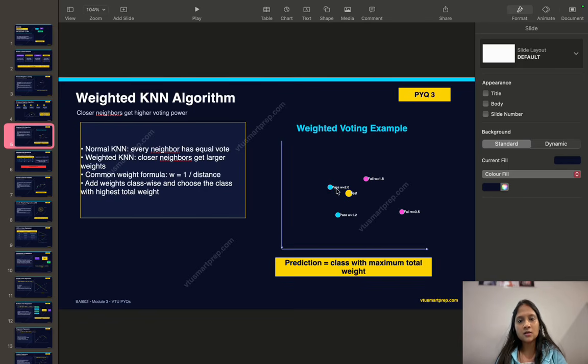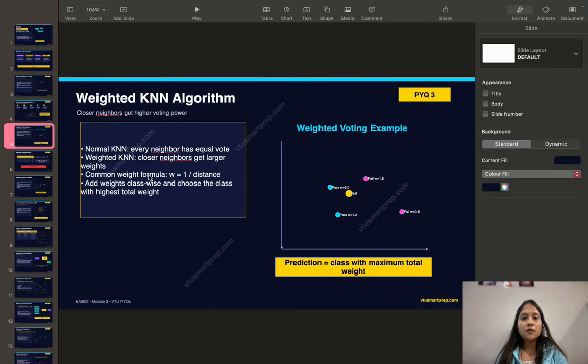Here you can see this is the closer neighbor, so it is going to get the larger weight. This belongs to the blue color class, so it is getting the larger weight. These are a little far, so they get less weight. That is how you can remember: closer neighbors get the larger weights.